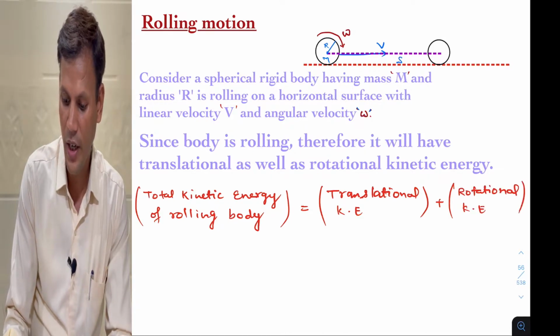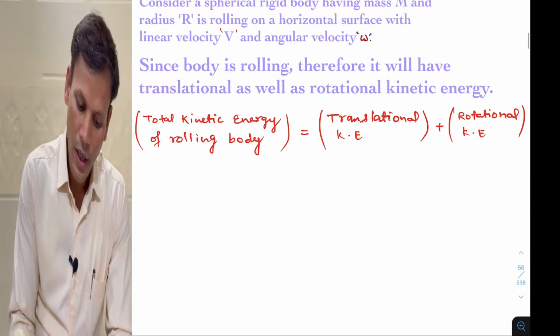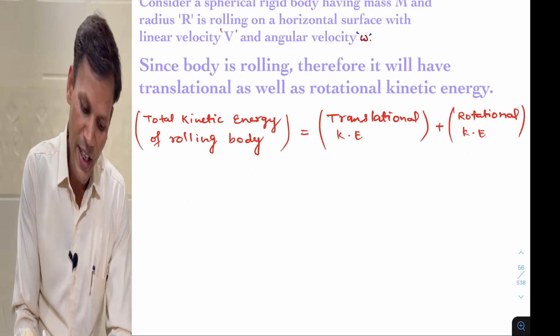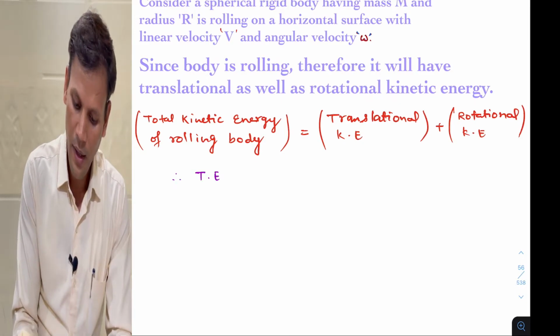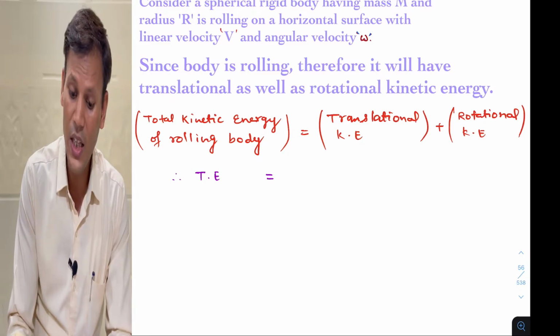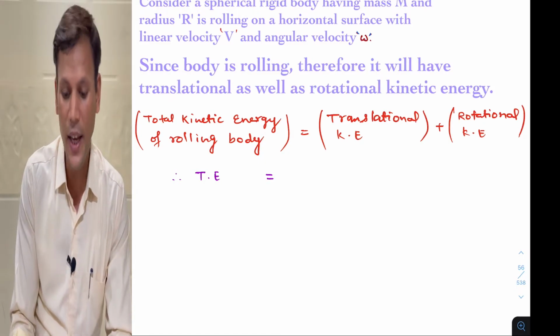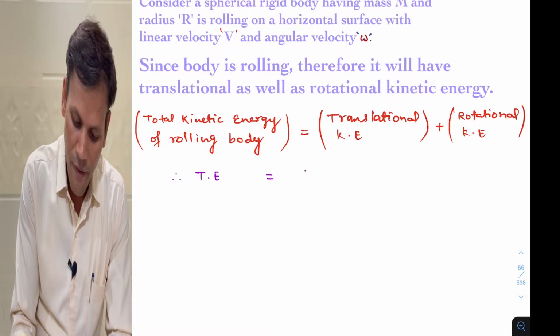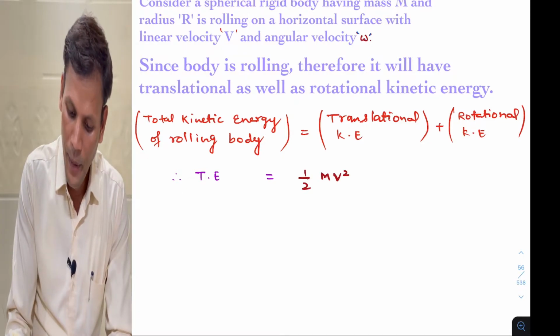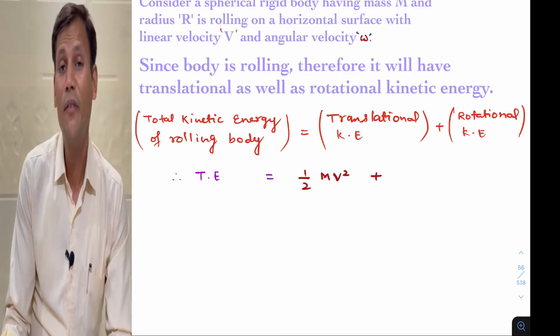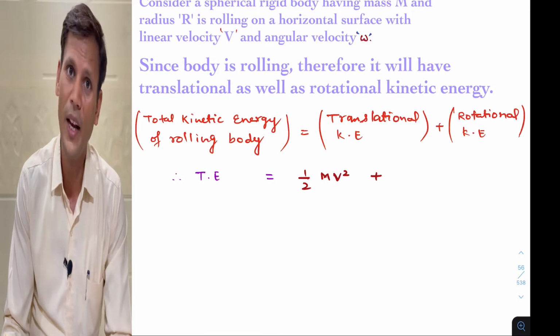We know the total kinetic energy of a rolling body: total energy is equal to translational kinetic energy, which is simply half mv square, plus, what is the formula for rotational kinetic energy? It is half I omega square.